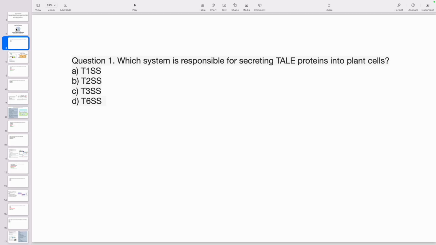Question number 1 states, which system is responsible for secreting TAL protein into plant cells? Option A is T1 secretion system. Option B is T2 secretion system. Option C is T3 secretion system. Option D is T6 secretion system.